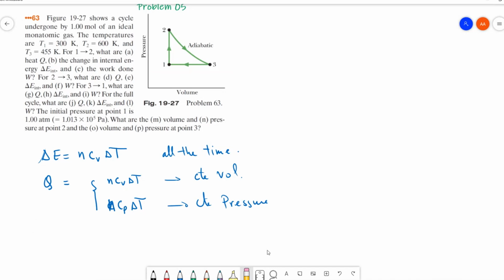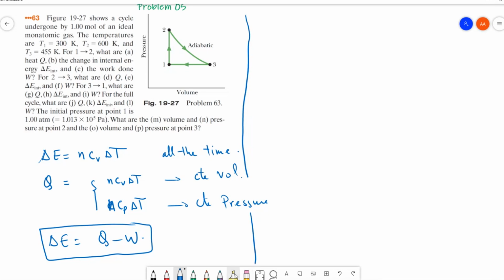Before choosing the path, let's do this one. We say this relation is always valid: delta E is equal to Q minus W, right? So if you have this, and this, you can get everything. Great. I will come back to W later.